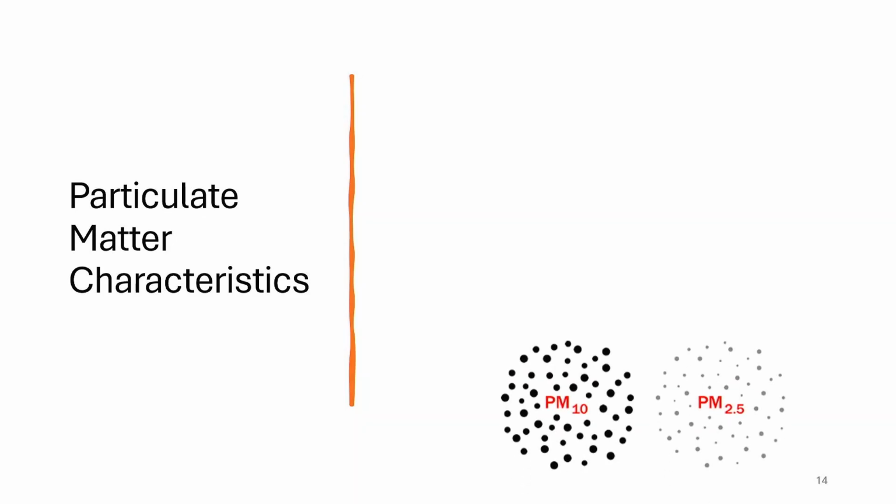Now, how to characterize the particulate matters? Typically we characterize them in two ways, PM 10 and PM 2.5. For PM 10, we consider the diameter or width of the particle, if we assume it is spherical.